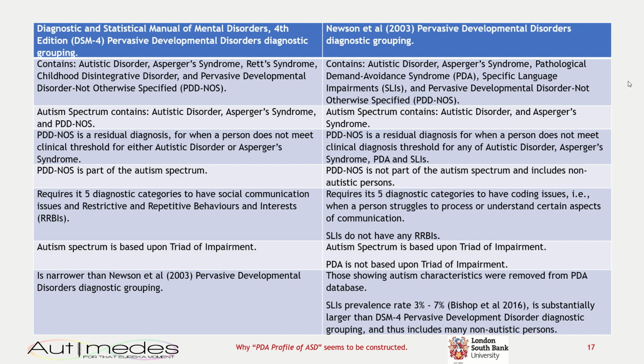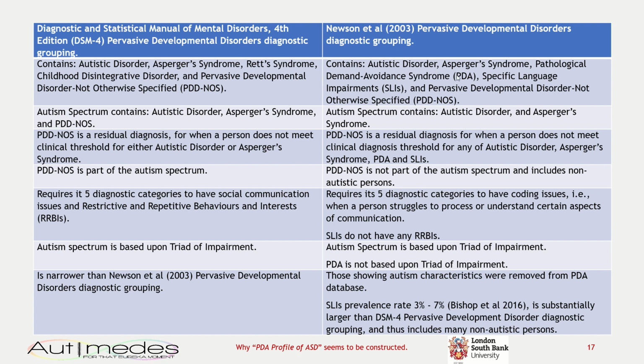This is a table I mentioned earlier, comparing the DSM-IV pervasive developmental disorders diagnostic grouping versus Newson's grouping. On the left-hand side you've got the accepted DSM-IV version, and on the right-hand side you've got Newson's, and they're different. DSM-IV has Asperger's syndrome, Rett syndrome, childhood disintegrative disorder, autistic disorder, and pervasive developmental disorder not otherwise specified.